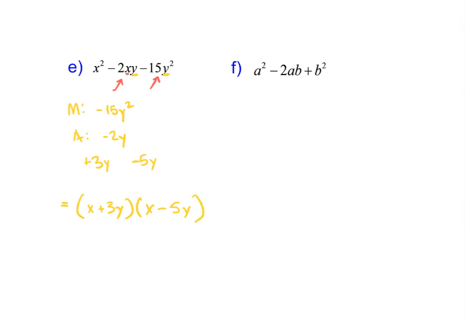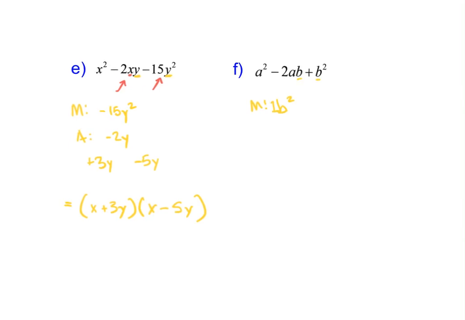Exact same thing happens in this second question. Something that multiplies to give us b squared. If it helps to think of this as 1b squared, that might make things easier. And they add to give us negative 2b.